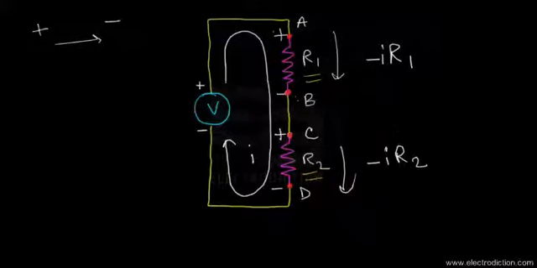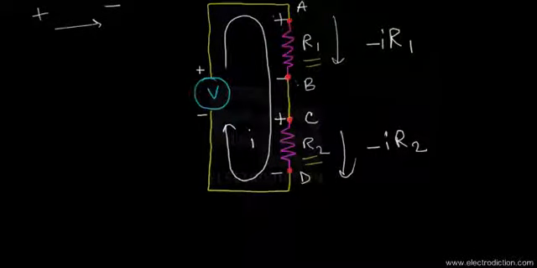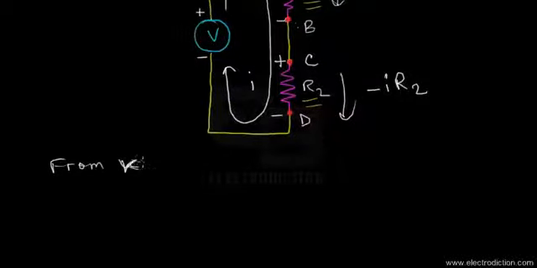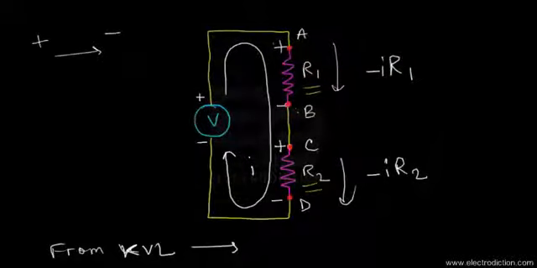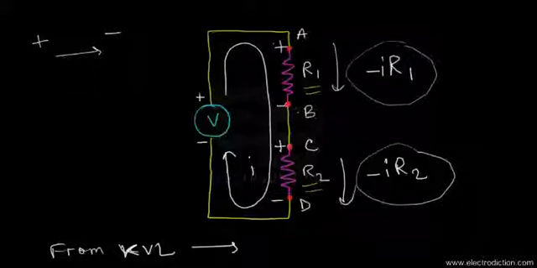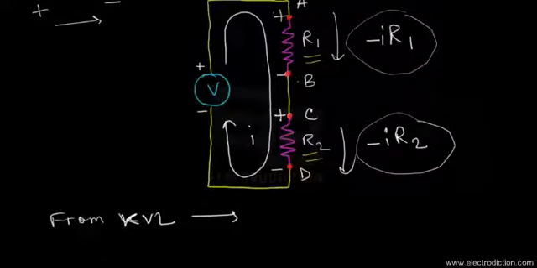Now by modifying these things using the convention, if we again try to apply KVL over here, we'll get something like this. From KVL, if we utilize the law in a plain simple manner, we get the sum of this voltage source plus the drops across R1, that's IR1, and across R2, that's IR2, and their sum would be equal to 0.